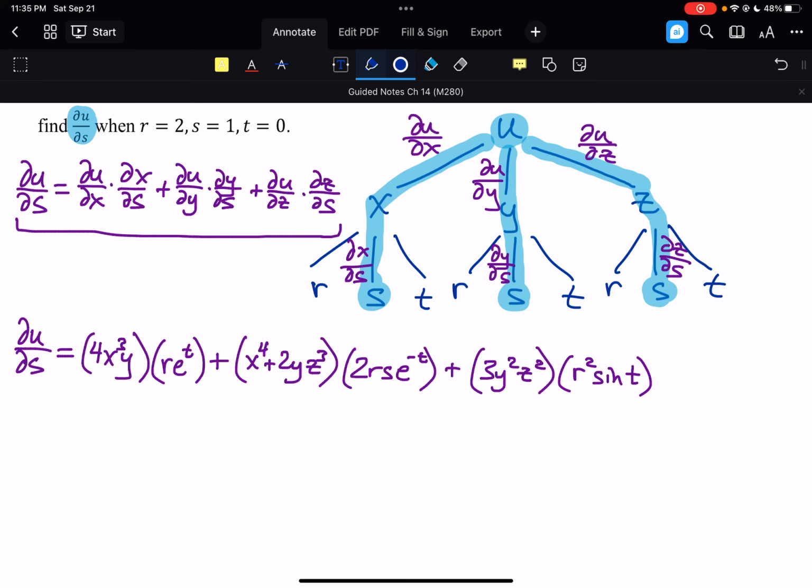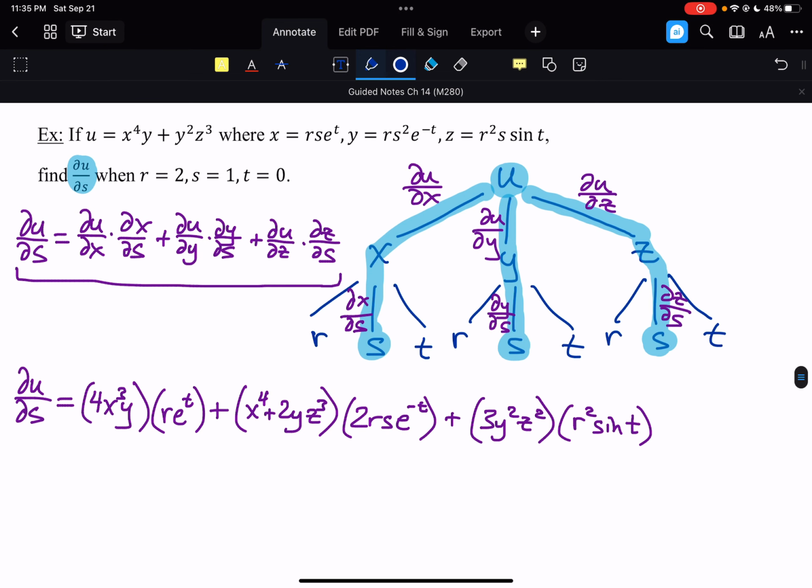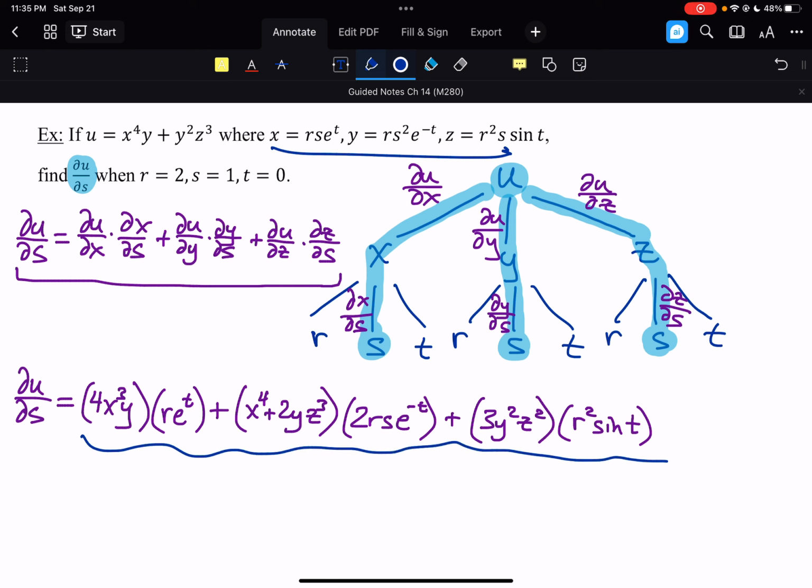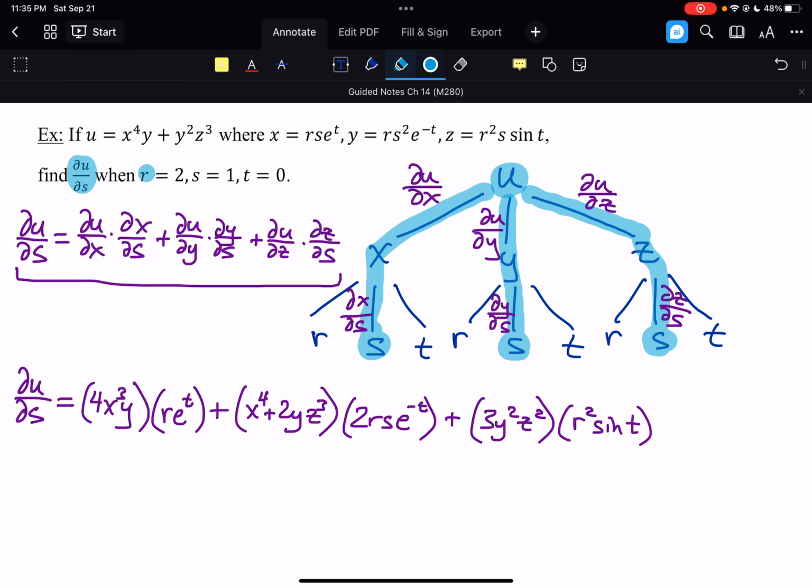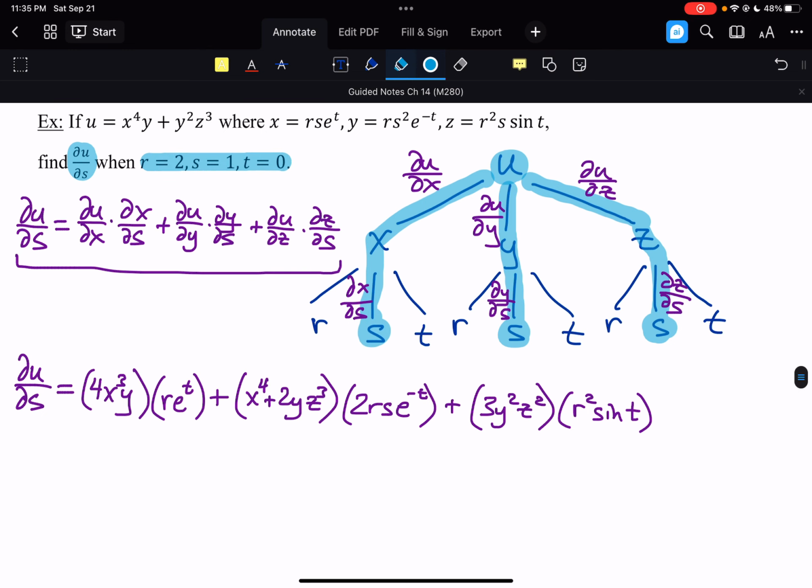Now, we could substitute these formulas into this, but that's going to make it look really messy. It's going to take up a lot of space to sub in all those x, y, and z formulas. And we know that we just want to sub in values anyways. So instead, let's figure out what x, y, and z are for these values of r, s, and t.